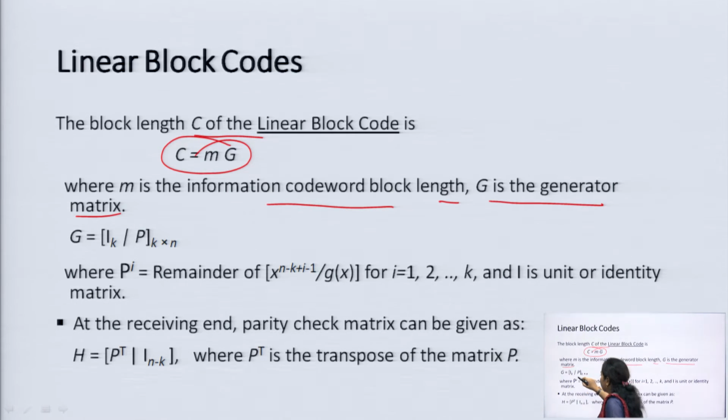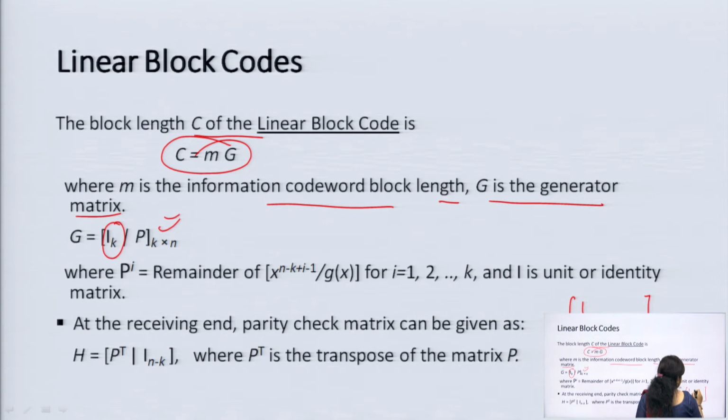Now, G will be equal to I k by P. What is I k? I k is the identity matrix. What is an identity matrix? If you are considering a 3 cross 3 identity matrix, then on the diagonal it has elements equal to 1, and the other elements will be equal to 0.